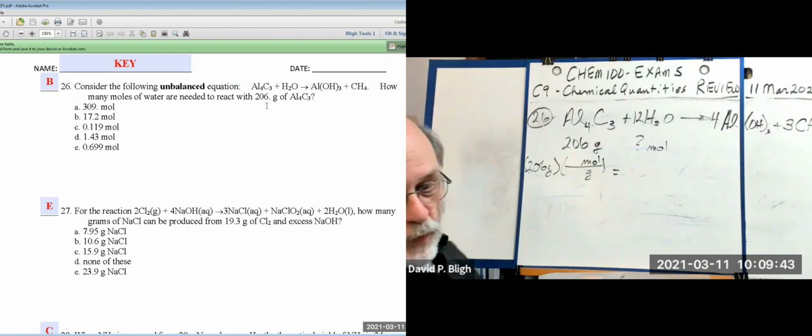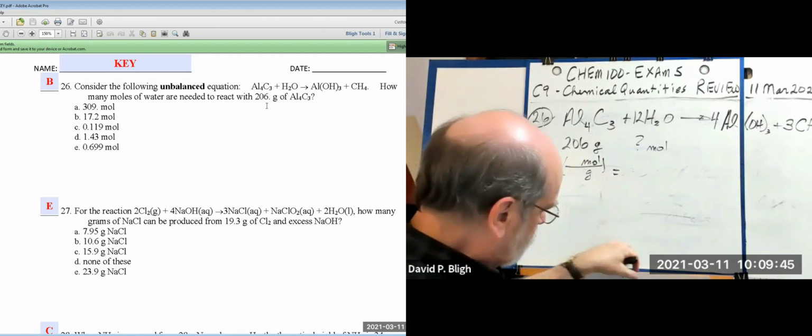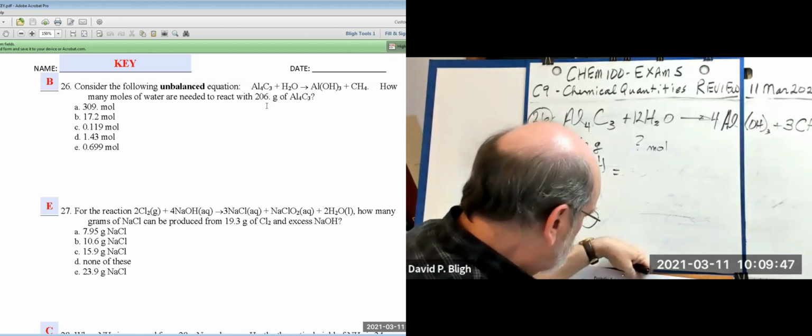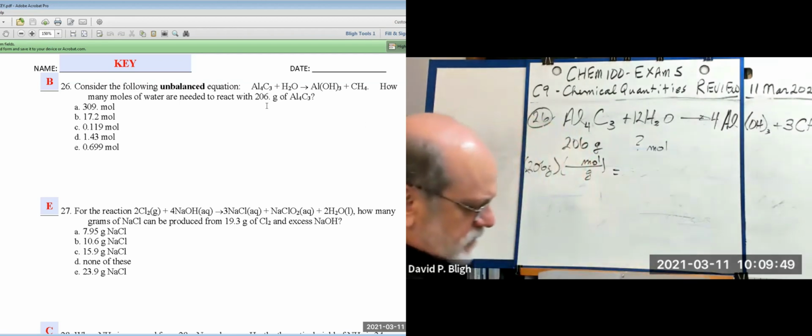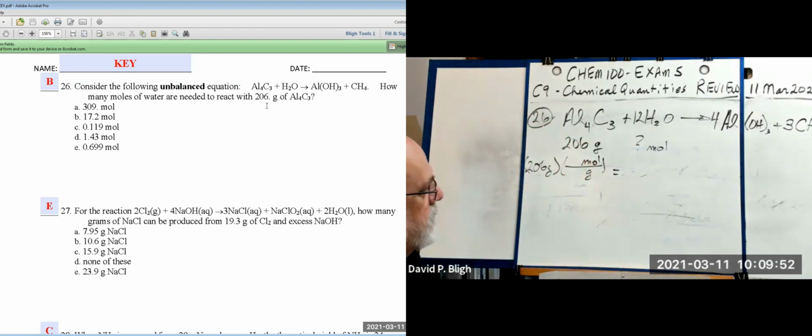So we got to add up 4 aluminums, which is 26.98 times 4. And then 3 carbons, which would be 12.01 times 3. So that gives me 143.95.